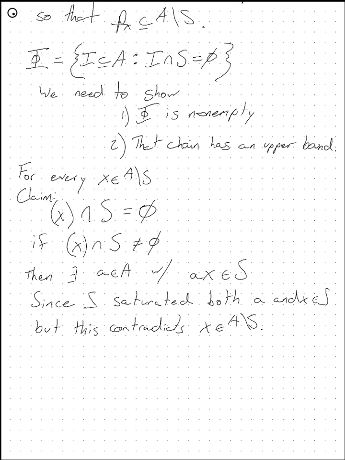So we want to show that every chain has an upper bound. So if we take a chain ordered by inclusion, let's say we have this set I, indexed with lambda.